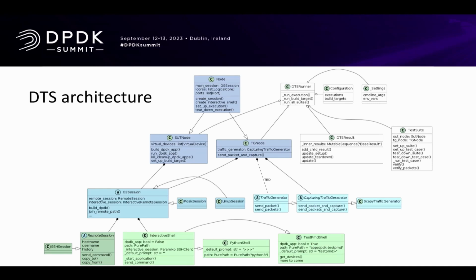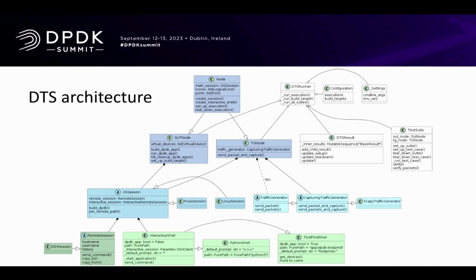I mentioned connections. We connect to the nodes. The actual connections are implemented in the remote session class, in the bottom left corner, or rather the subclasses of remote session, because the remote session class itself is an abstract class which just defines the interface.